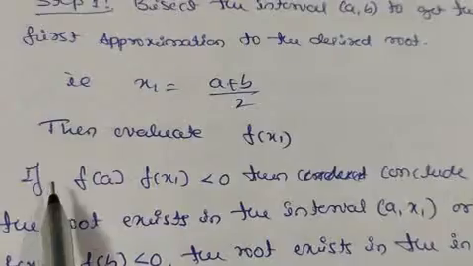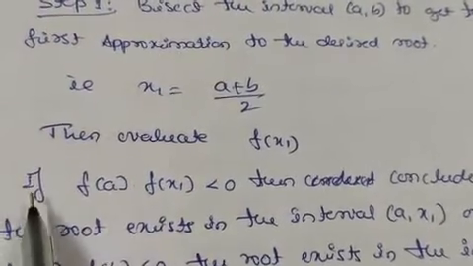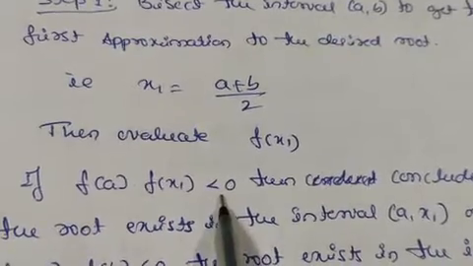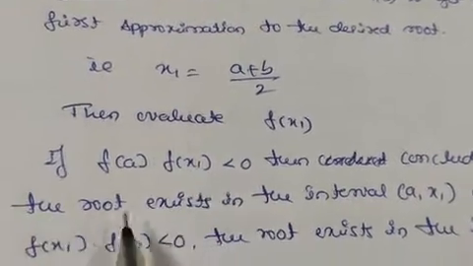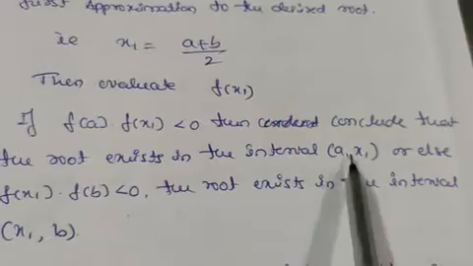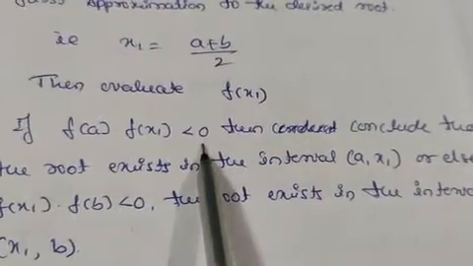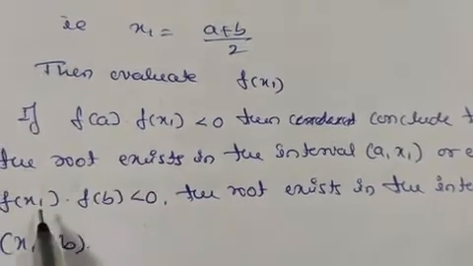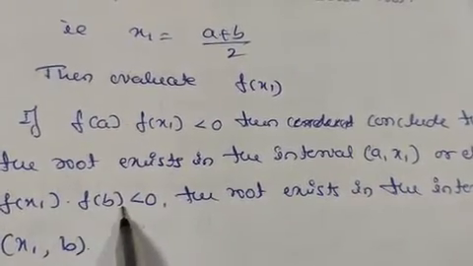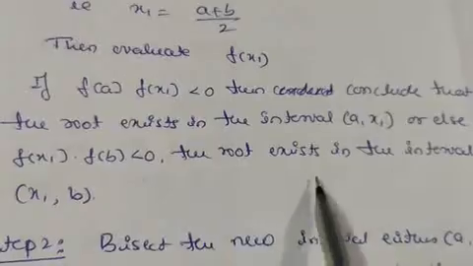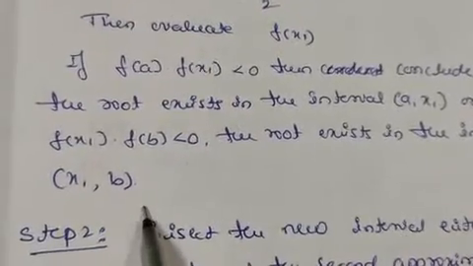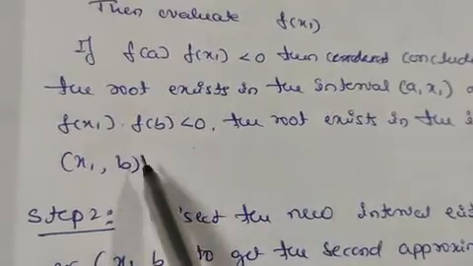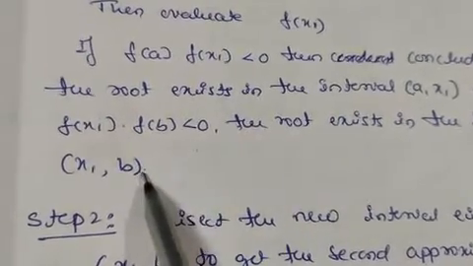If it is not less than 0, then we verify for the b value: f(x1) times f(b). If it is less than 0, then the root exists in the interval x1, b. So any one of these two is correct.